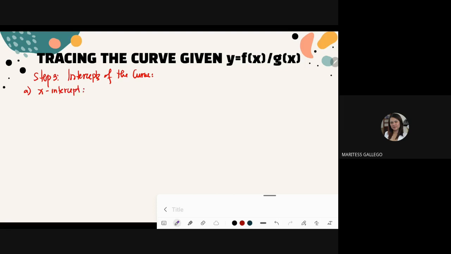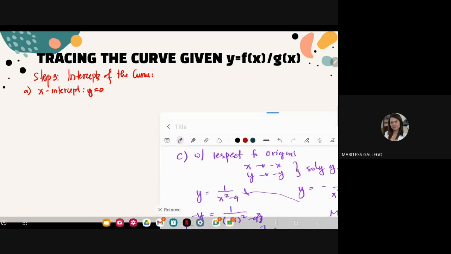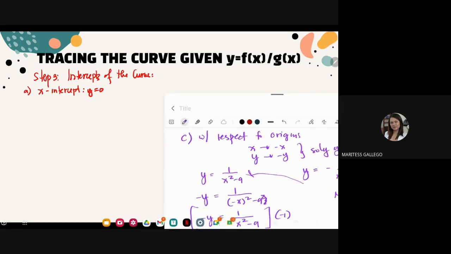So if x-intercept, meaning what is the point of intersection in your x-axis? Tama? So what we will do is we equate y equal to 0. So what is our function? This is y is equal to 1 over x squared minus 9. So palitan natin si y ng 0. Equate this to 0.